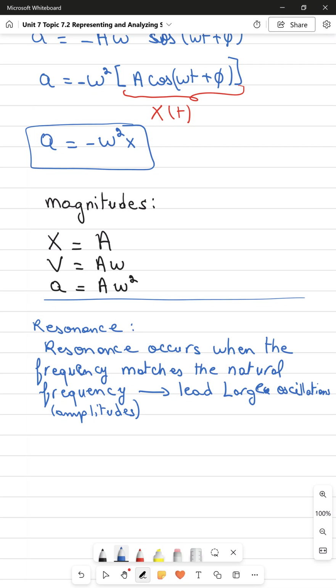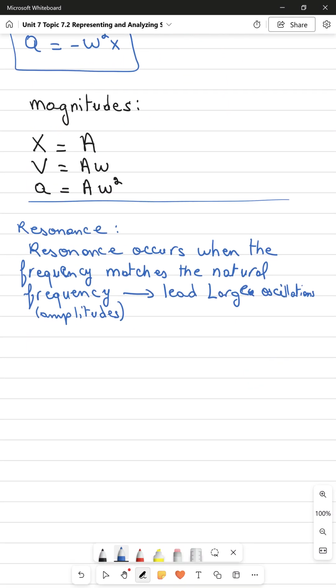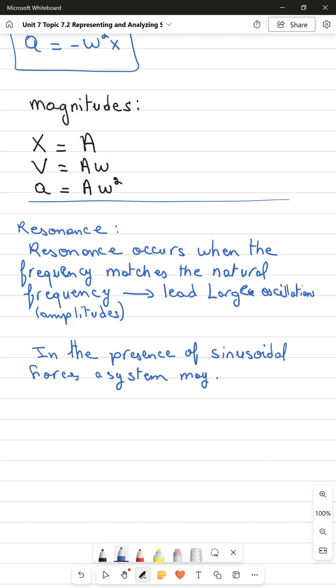Now, what causes resonance? We must have an external force. So in the presence of sinusoidal forces, which means forces that have a sine function or cosine function, a system may exhibit resonance.